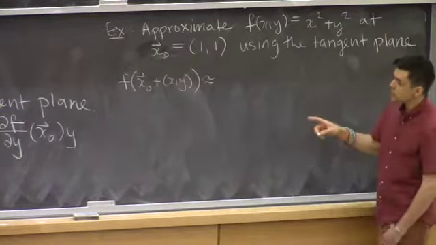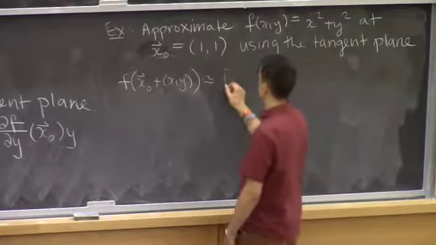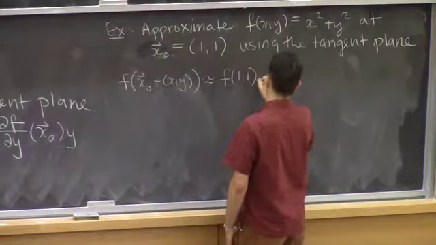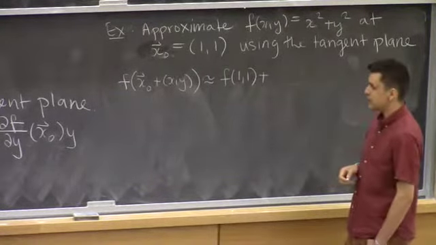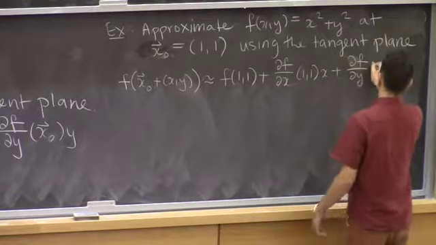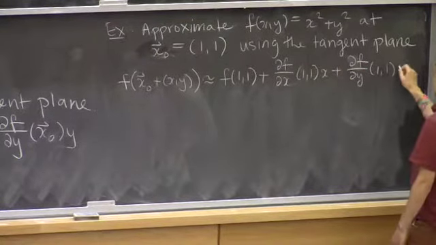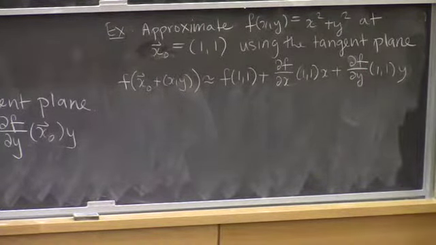So initially we plug in 1, 1. Then we take our partial derivatives. Okay. And let's see what we get.